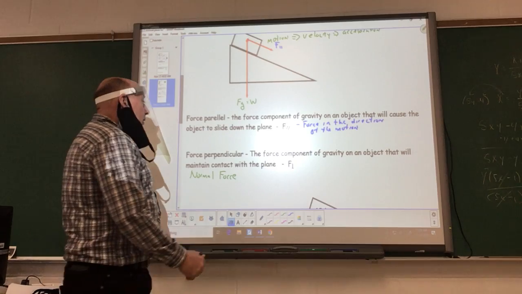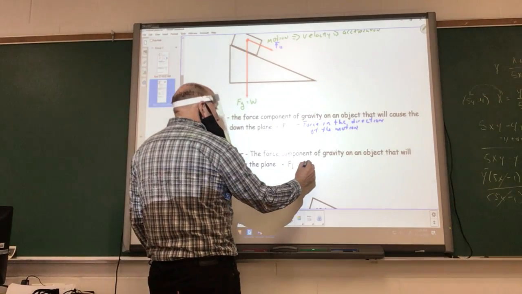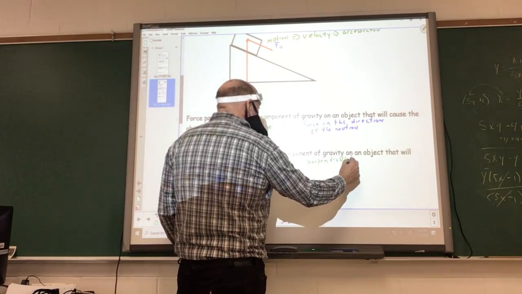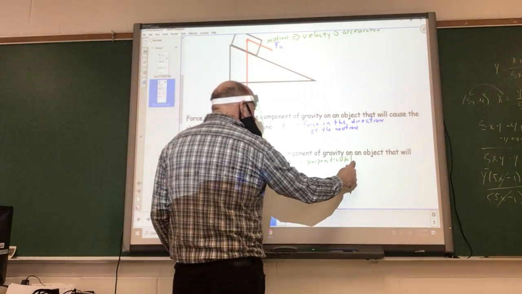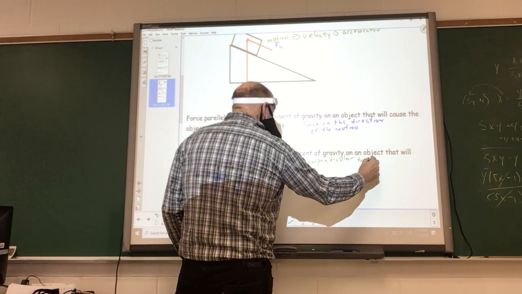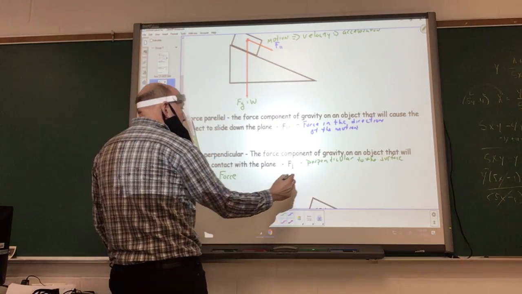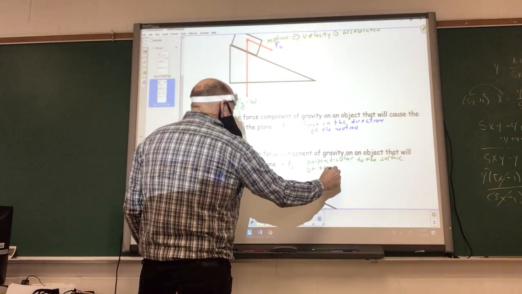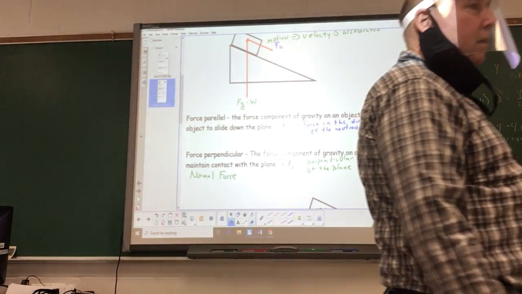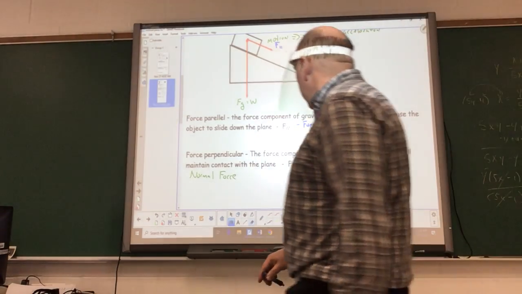This will be perpendicular to the surface of the plane. It's what keeps the object pushed down on the plane.